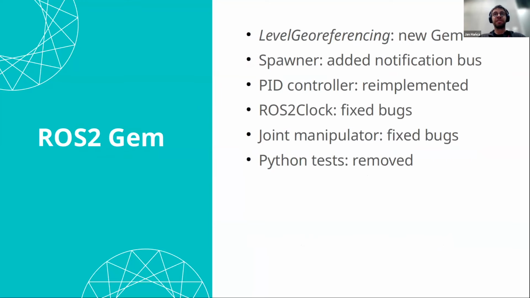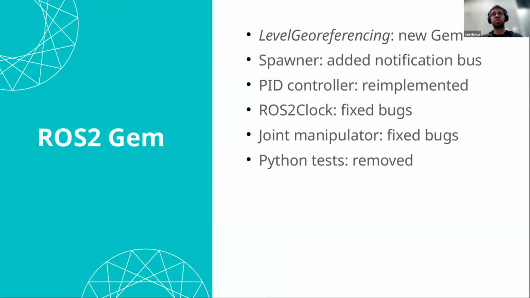The remaining changes are a new gem for level georeferencing, the implementation for georeferencing, basically for being able to simulate the real world with real-world coordinates, like GPS coordinates. It was already in O3DE Extras as a part of the ROS 2 Gem, but we decided to split it into a separate gem so this can be used without ROS 2.